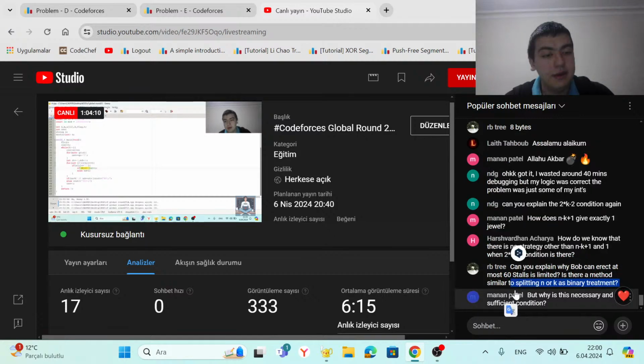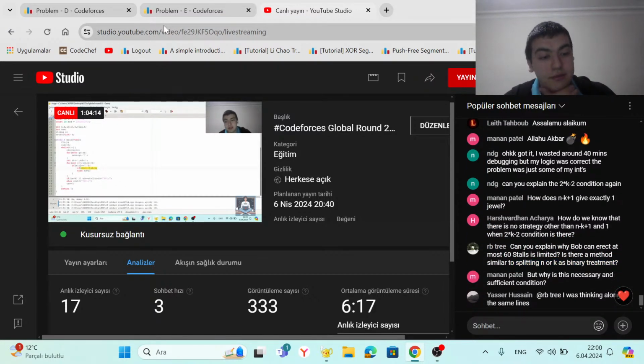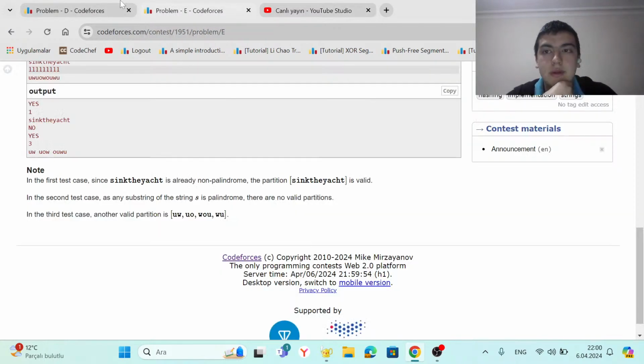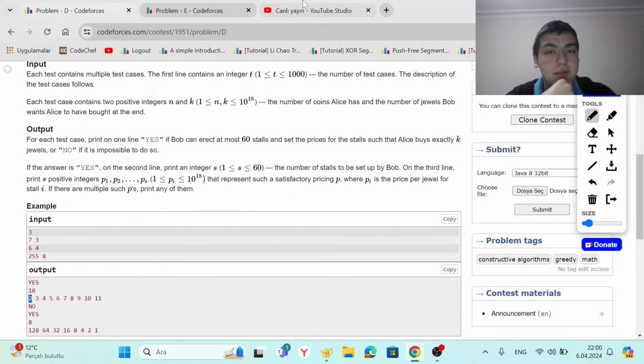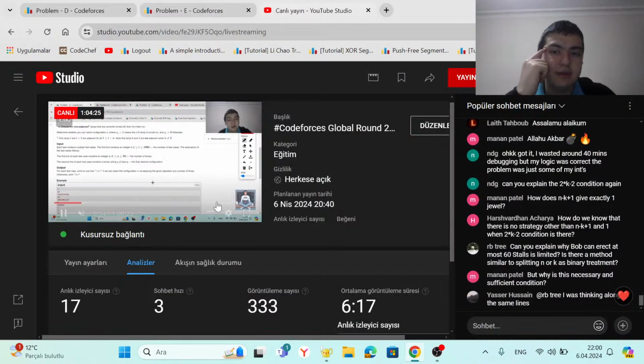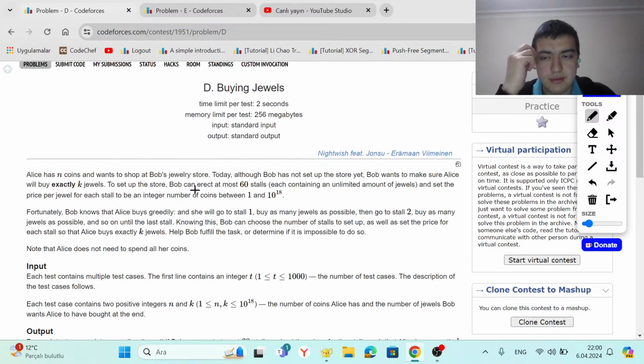Okay, why is this sufficient? Let's think about it. Maybe it is only a trick. If they write 2 here, everybody can solve it. So they're writing 60 so that it is harder to find the solution.